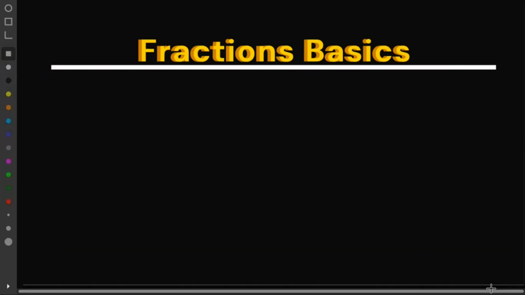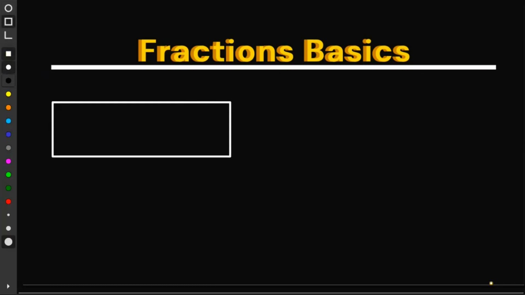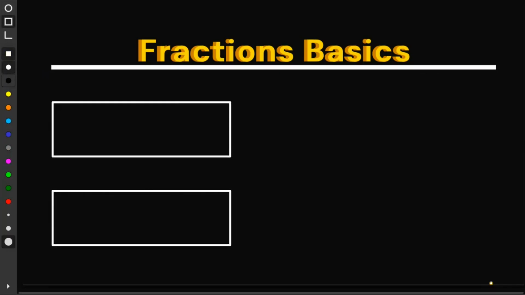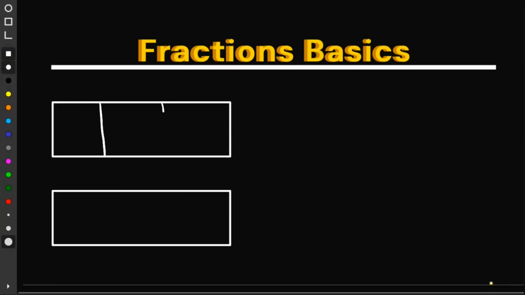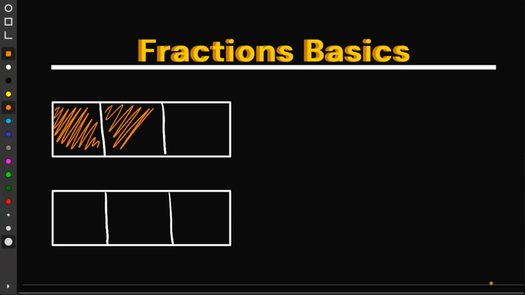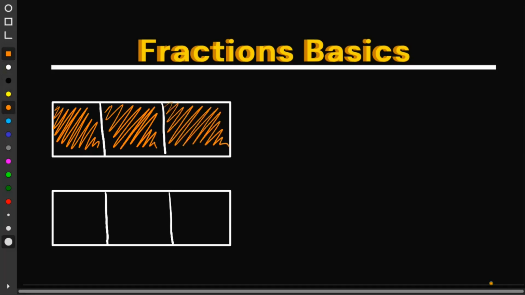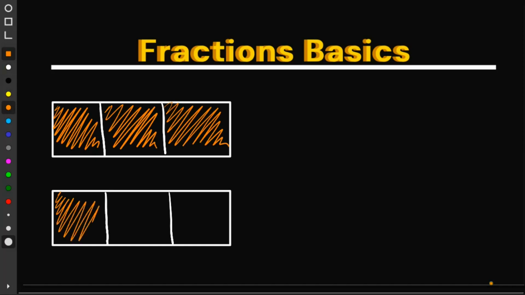Let's try one example on that mixed and improper fraction. So say if we have 2 rectangles out here, and this one is divided into 3 as well as this one. See, we shade the whole parts of this one, and we shade only one part of this one.